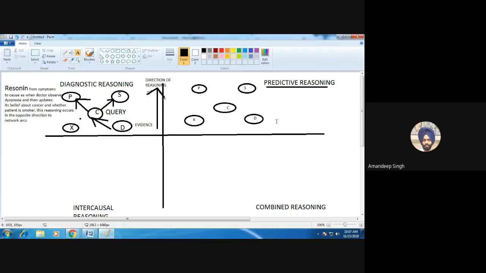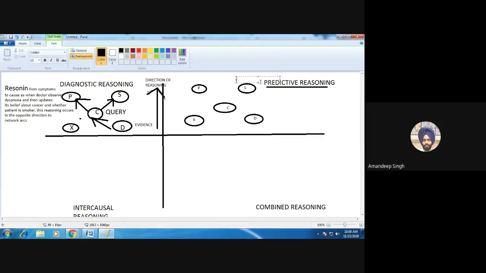Now let us suppose the evidence is lying here. This is our evidence, that the patient is a smoker.